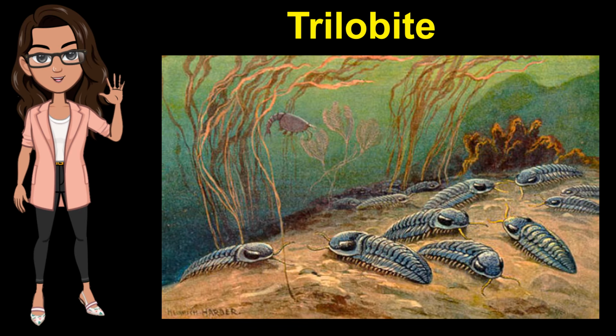The first trilobites show up in the fossil record dating back to about 525 million years ago. There were many different types of trilobites, ranging in size from 1 mm to 72 mm or 28 inches long. Trilobite species went extinct by 250 million years ago.